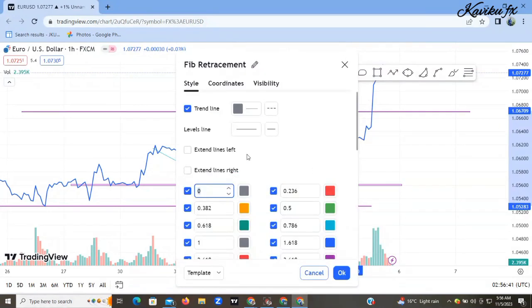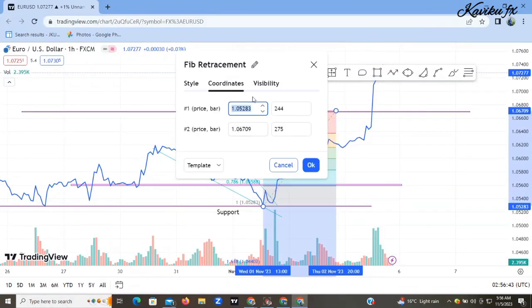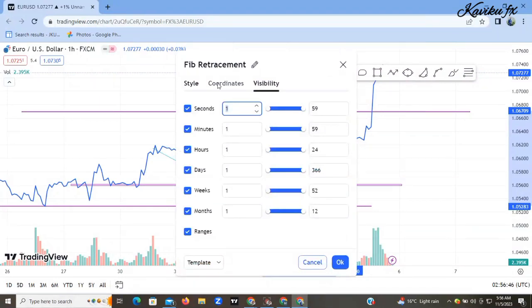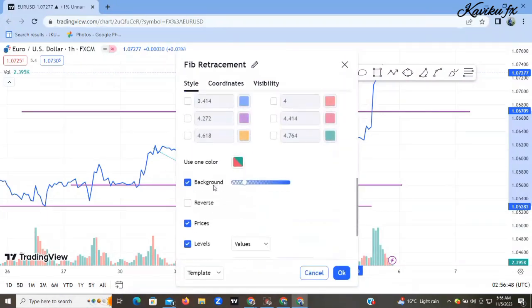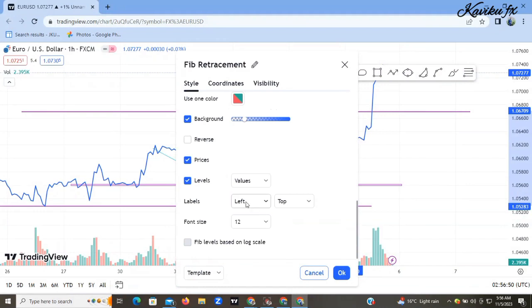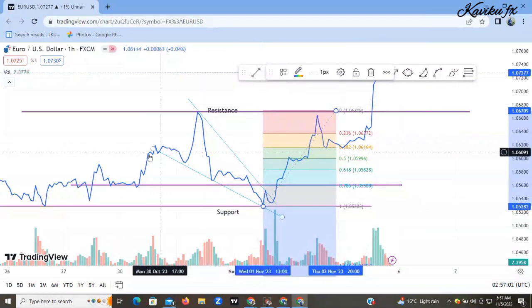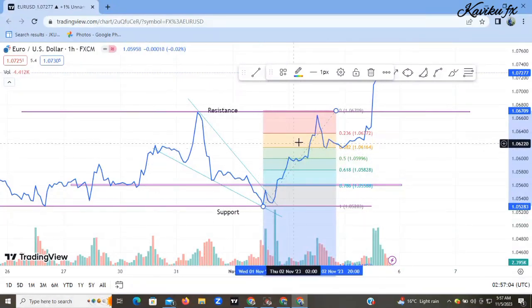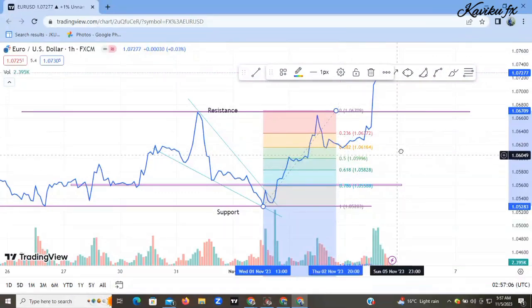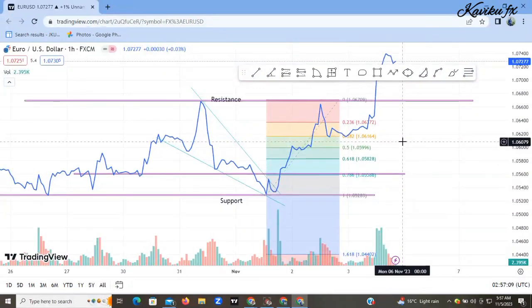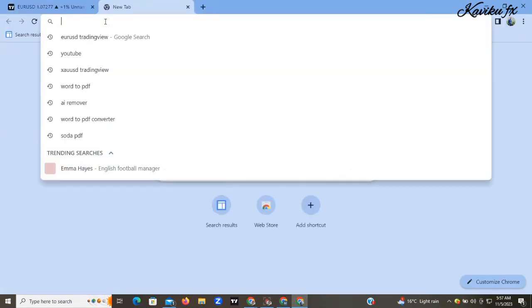Then the coordinates, visibility, style, this color, labels can appear on the right, middle, and there you have just customized. Now they are appearing here in the middle. You can extend the markings on the retracement.